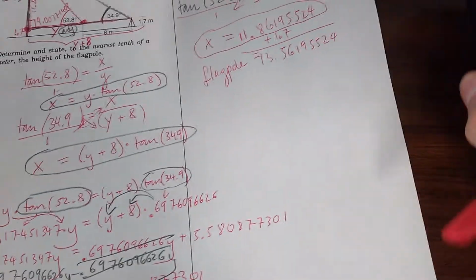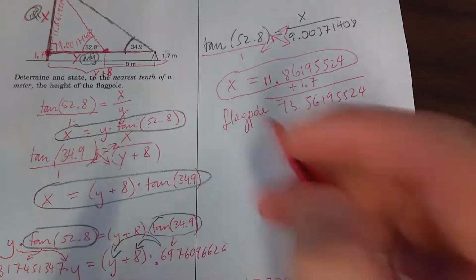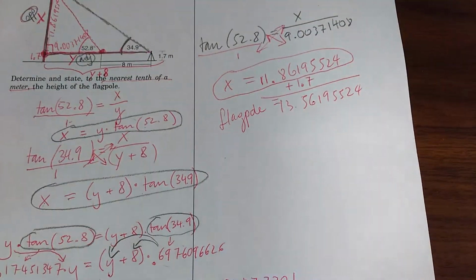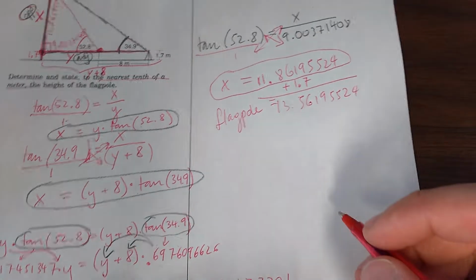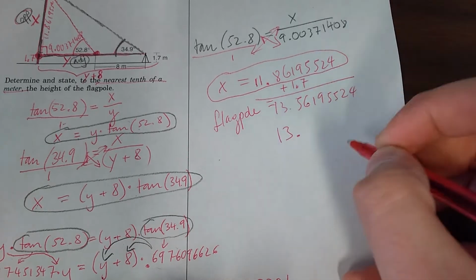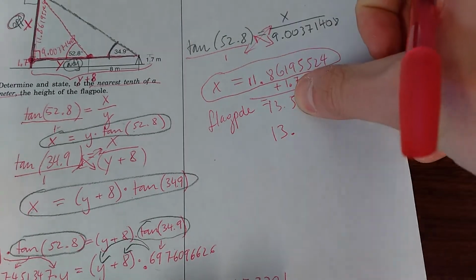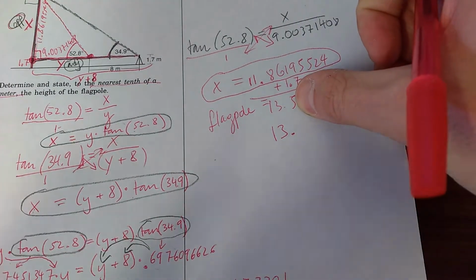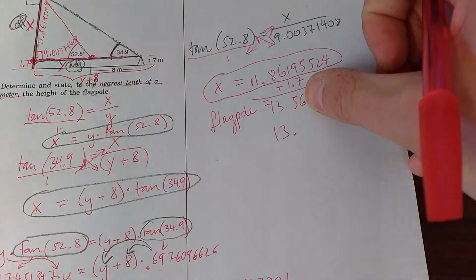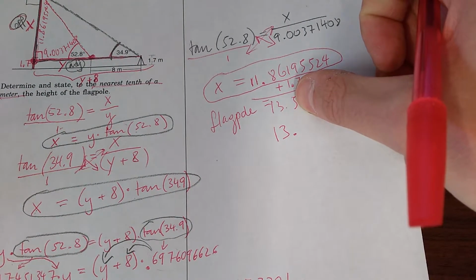Okay, so we got the flagpole, and now let's just make sure that we round it correctly. Determine and state to the nearest tenth of a meter the height of the flagpole. So here the nearest tenth is 1 decimal place, so 13 point, you want to say 13.5, but we can't say that. It's actually 13.6.